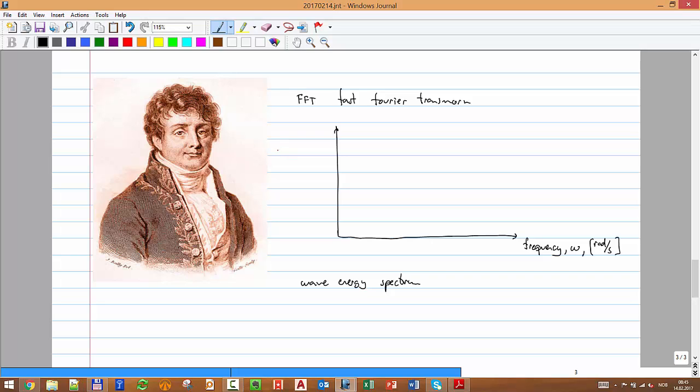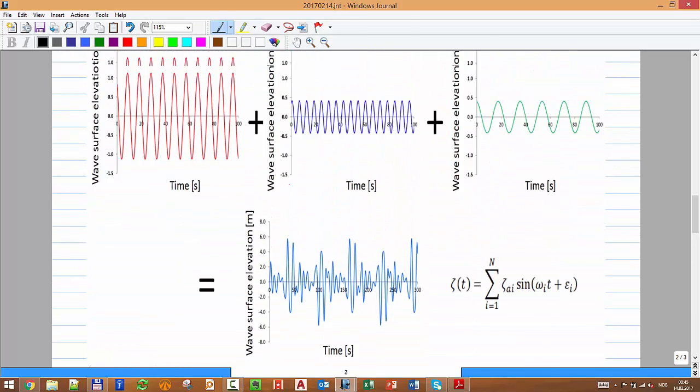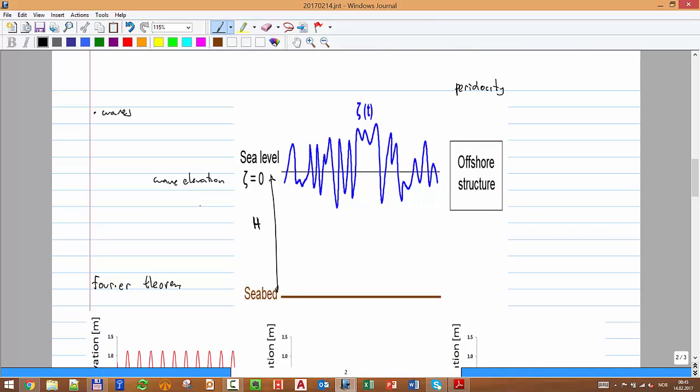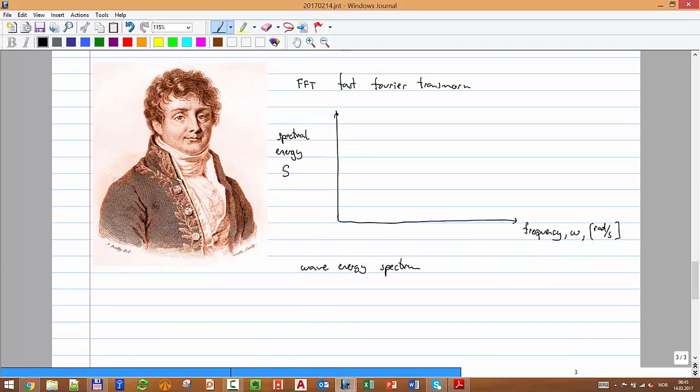And we have here what we call the spectral energy. In this particular case, we use the letter S for the variable, of the elevation. So the spectral energy of that particular variable has units of square meters per second.